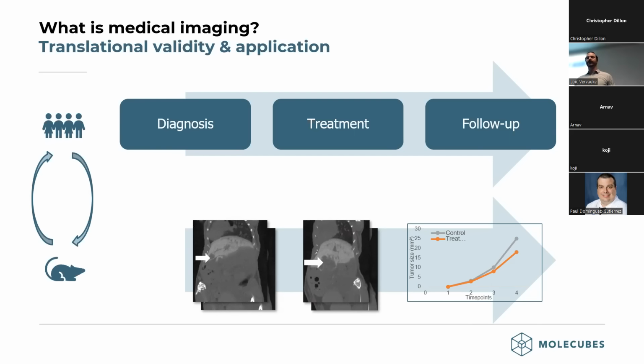But this could also be to track the effects and the efficacy of your therapy. The example shown beneath is again a simple contrast-enhanced CT image, where over time the tumor volume can be measured and quantified, and the efficacy of a proposed medicine can then be proven.